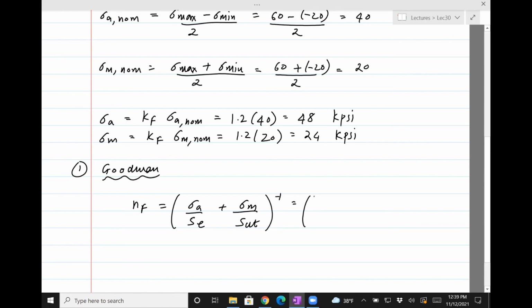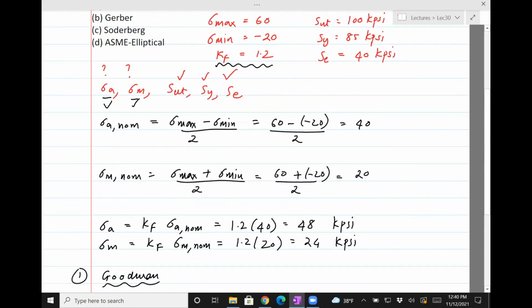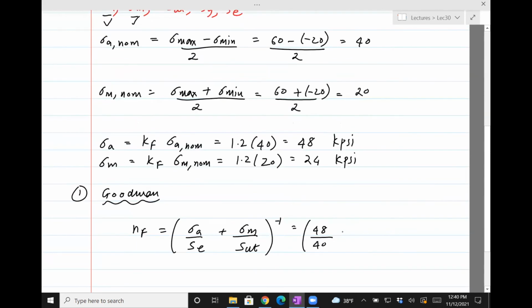Sigma a is 48, Se is 40, plus sigma m is 24, Sut I think is 100. It comes out to be 0.69.